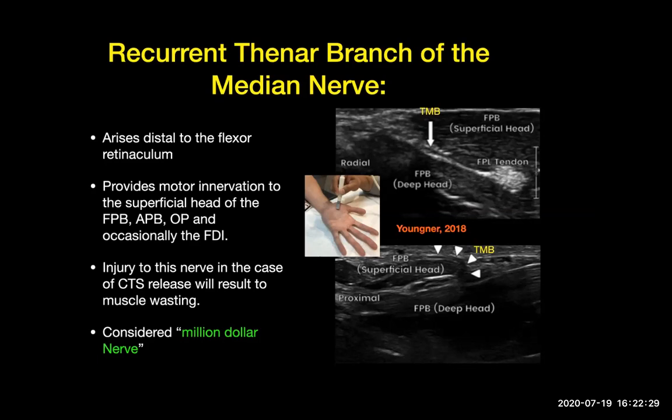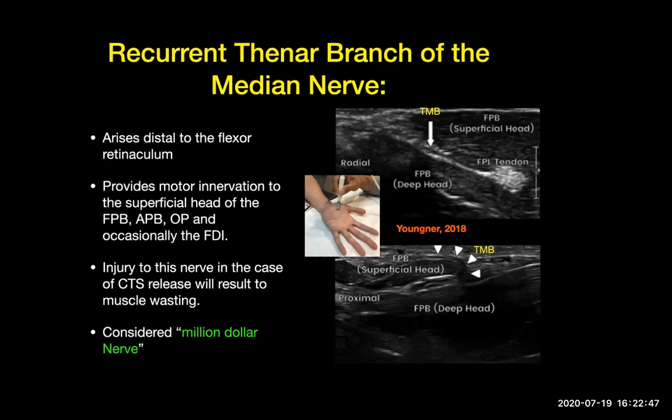And sometimes this nerve will also be severed if the surgeon isn't aware where it is located. If they go very laterally or towards the thenar area, they might sever this nerve.